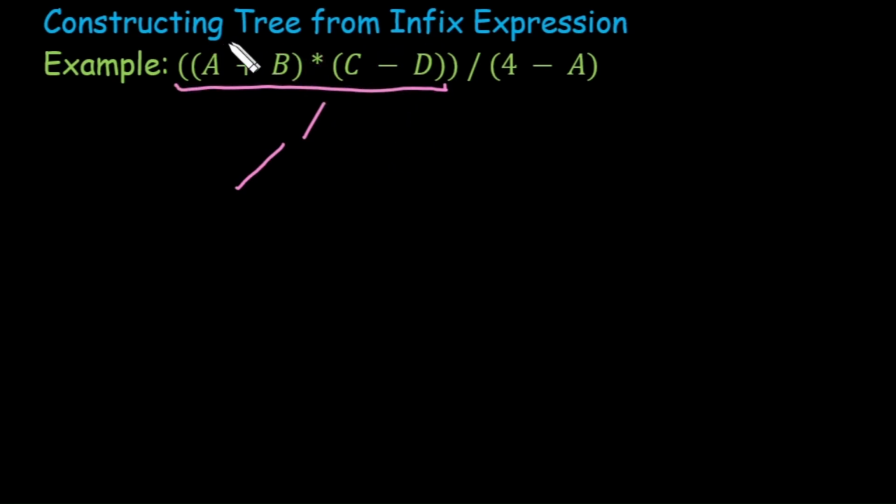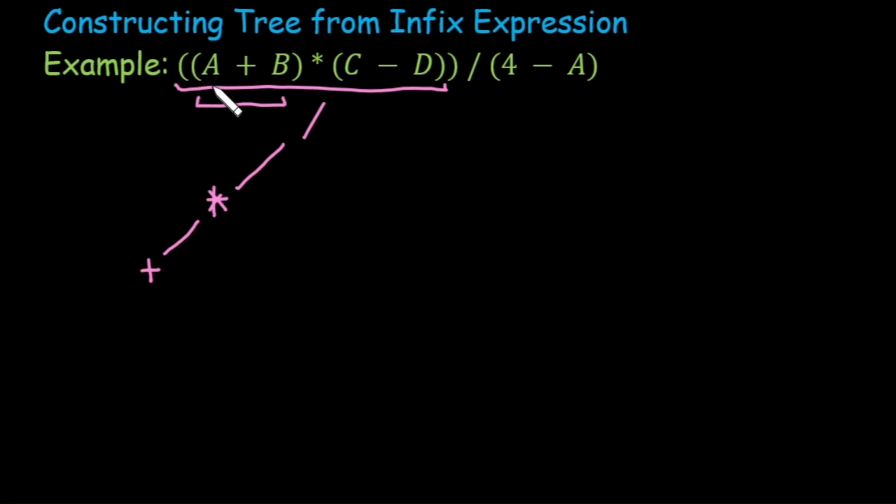In short, for this bracket, the next root is multiplication. Now, do we have its left child? Yes, because on the left side of the multiplication we have the expression A plus B. In this expression, again find the operator, that is the plus. It means plus is the next root of the next subtree.